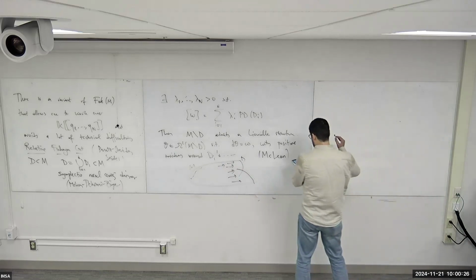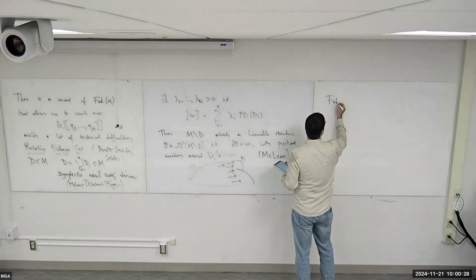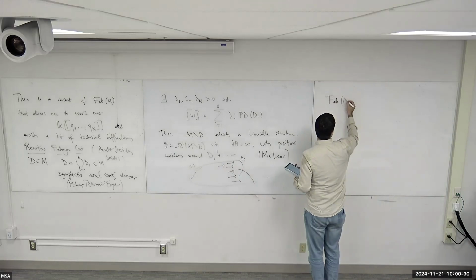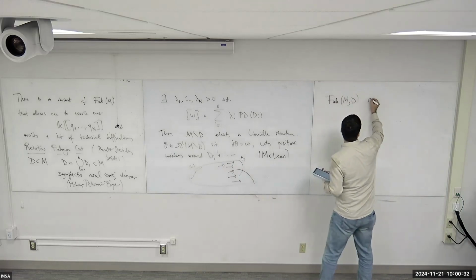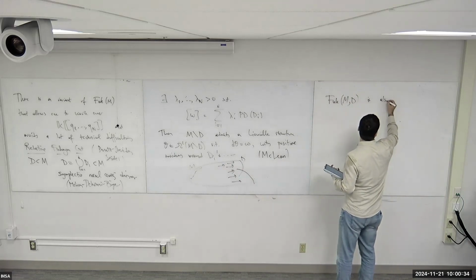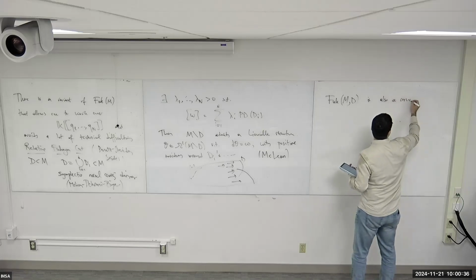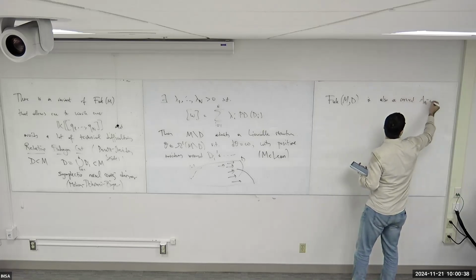So now Fuk(M, D) is also a curved infinity category.